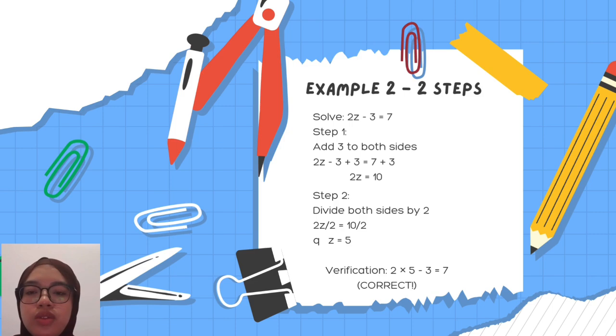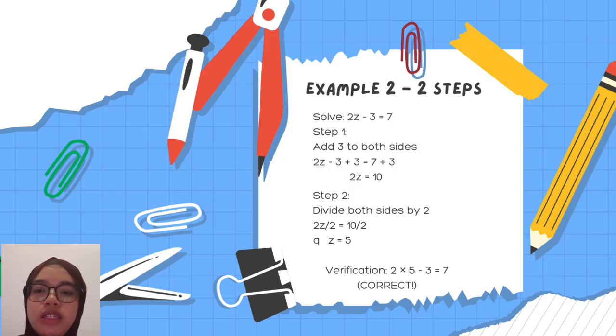Example 2 is a two step problem. Solve 2z minus 3 equals 7. Step 1, add 3 to both sides. 2z minus 3 plus 3 equals 7 plus 3, because minus 3 plus 3 is 0, leaving 2z, and 7 plus 3 is 10.